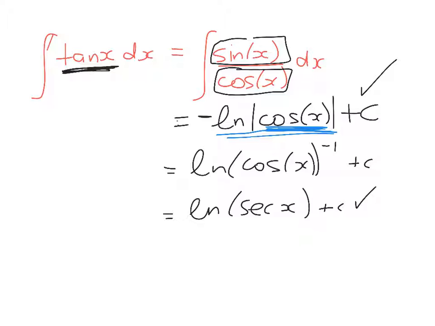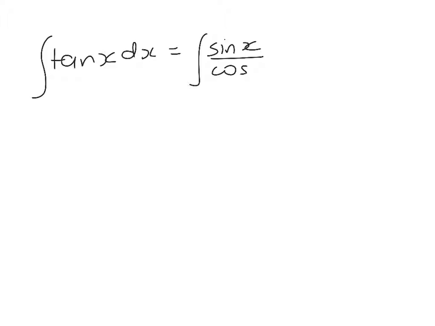Now this one I am going to do using u substitution on the next slide, just to show you how to do that. Just skip through the next slide if you're happy with that. Okay, so we'll start out the same way. Tan x dx is equal to sine x over cos x dx, and we'll let u equal cos of x.